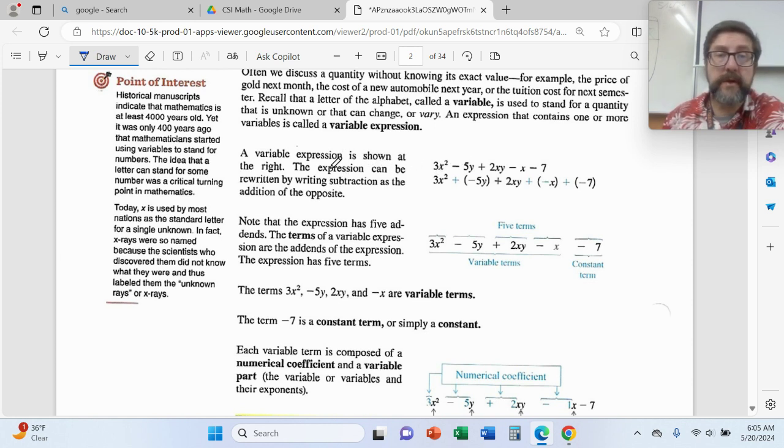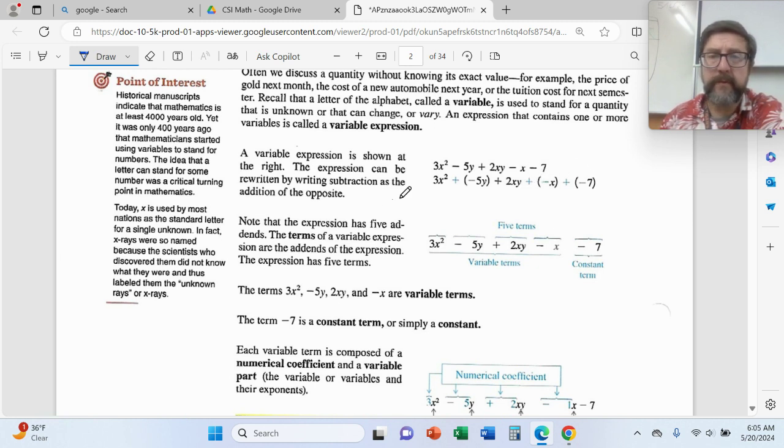The expression can be rewritten by writing subtraction as the addition of the opposite. So what we have is 5y plus 2x minus x minus 7.